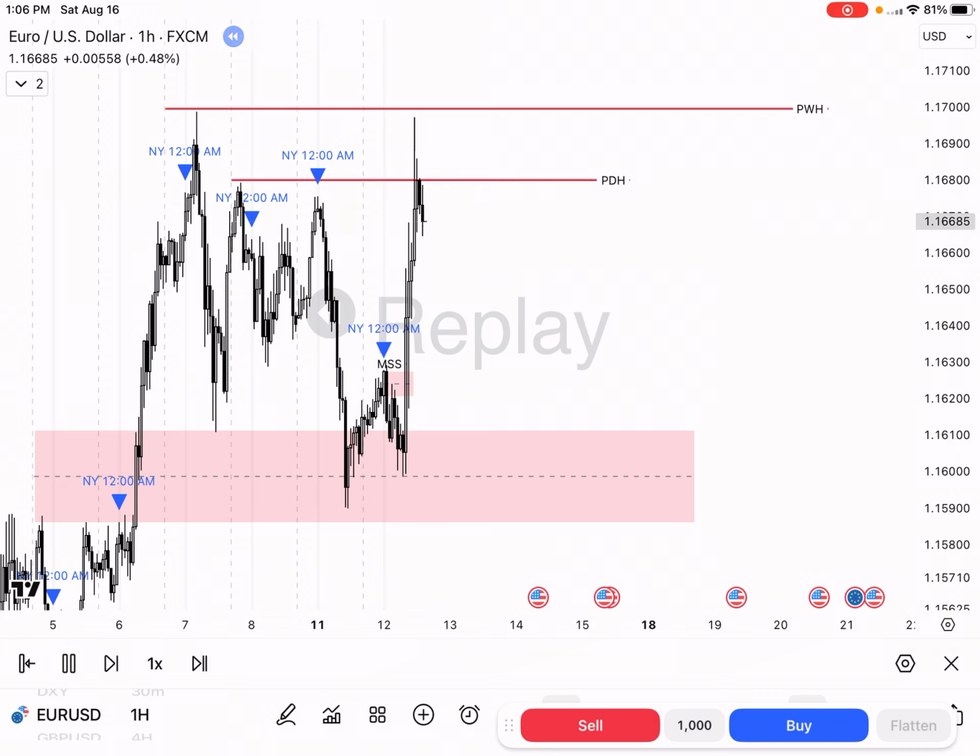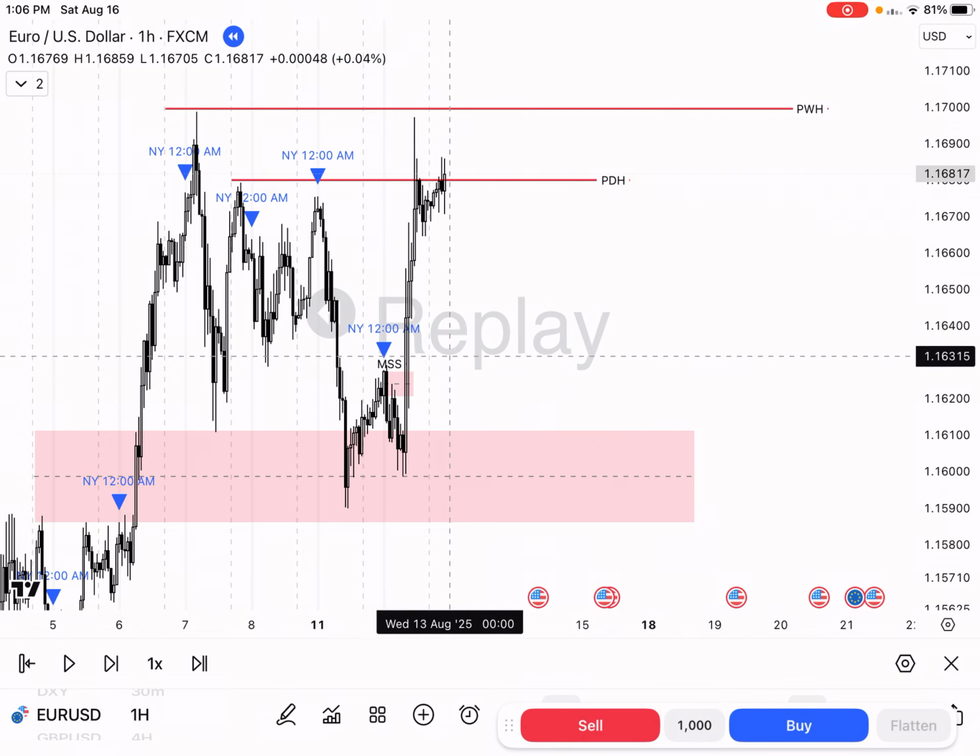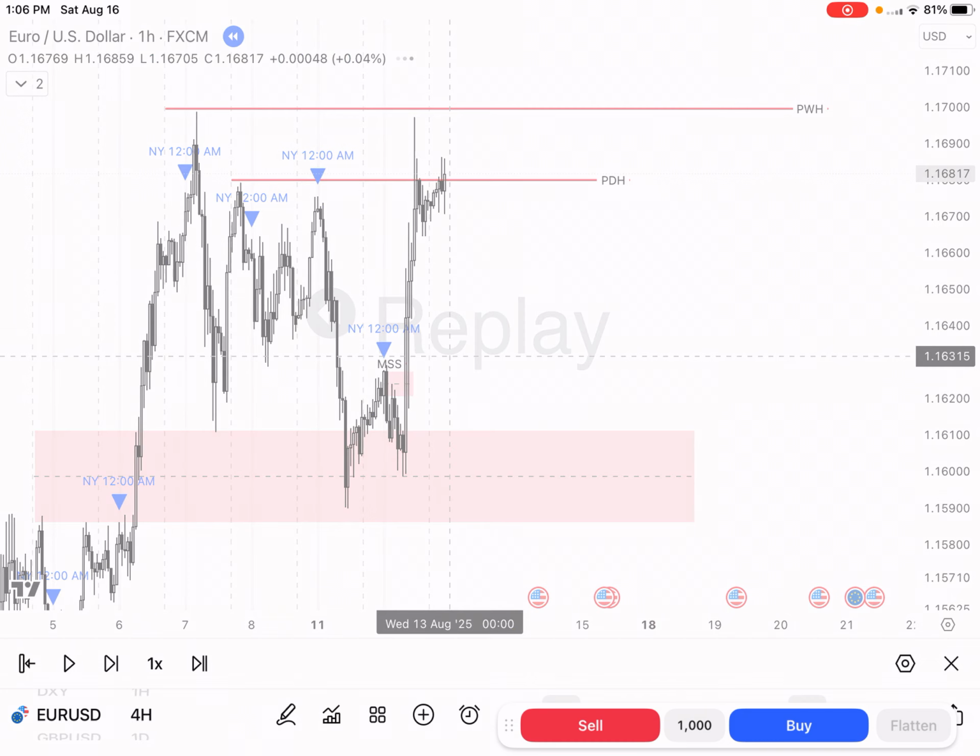On CPI day, they took the liquidity of both Monday high and Friday high, but did not take the previous week high. So we are on the day of Wednesday now. Let's go to the 4-hour chart to see what is on it.